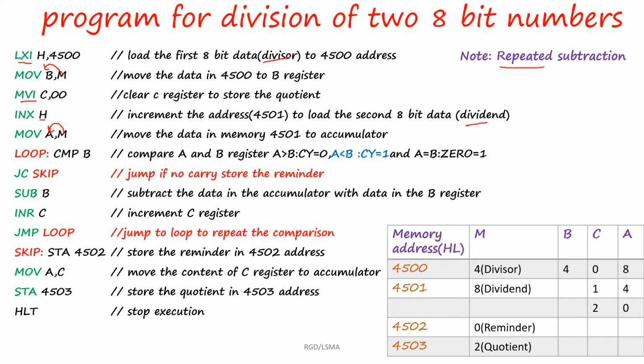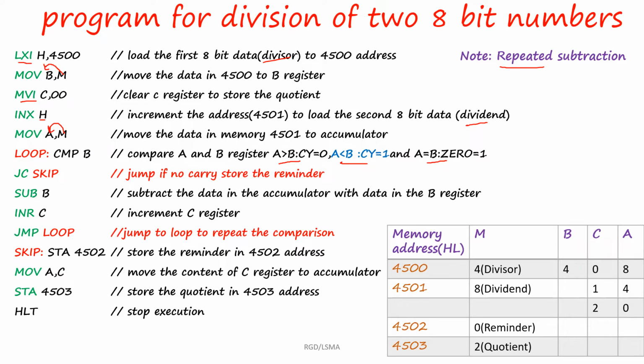In the compare operation, you compare the B register with the accumulator data. There are three cases. If A is greater than B, the carry is equal to 0. If A is less than B, you get a carry, and if A is equal to B, the zero flag will be set. So you have three conditions for the compare operation.